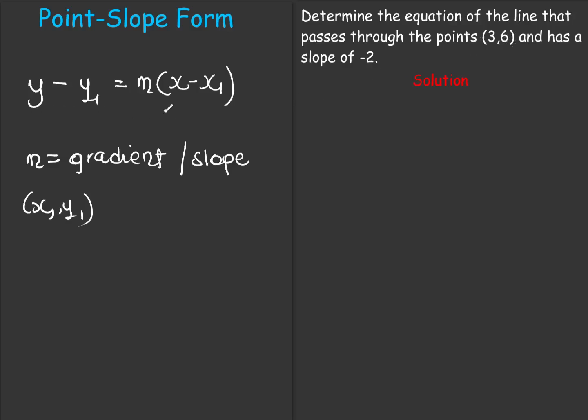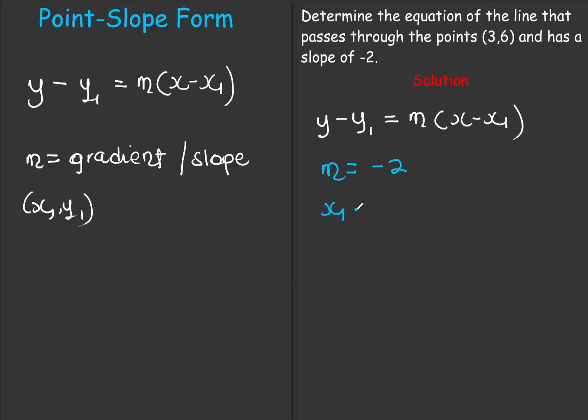Using this equation, y minus y1 is equal to m into bracket x minus x1, from the question your slope, which is m, is equal to -2. So you write that as -2, and you were given your point.